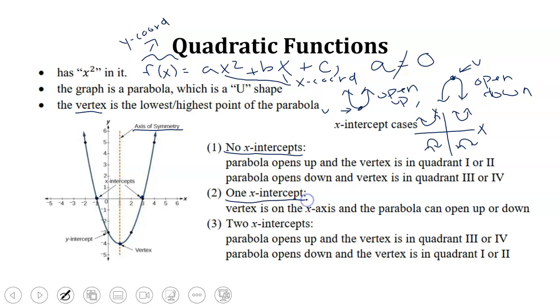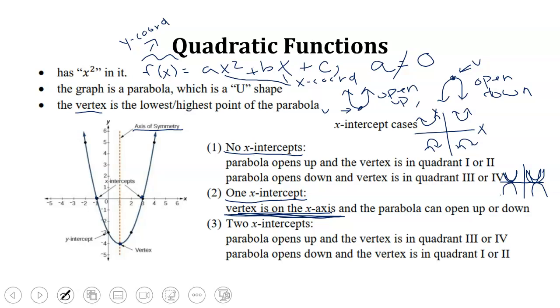Now, one x-intercept would be if the parabola opened up on the x or opened down on the x. So that's when the vertex is on the x-axis, the x-intercept. It's the same.